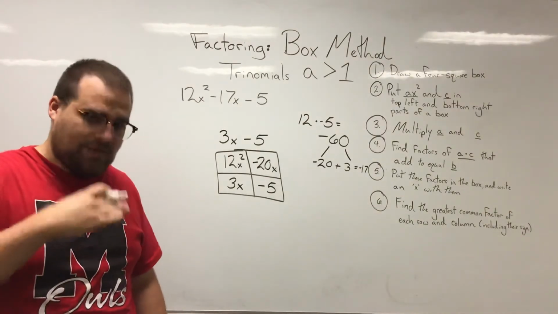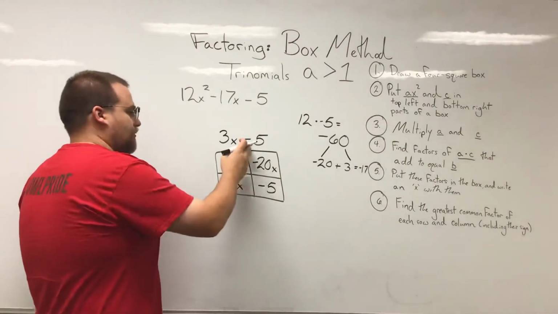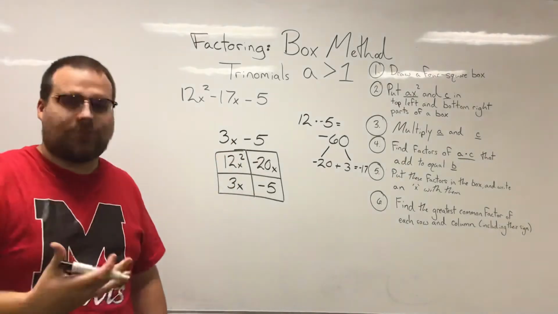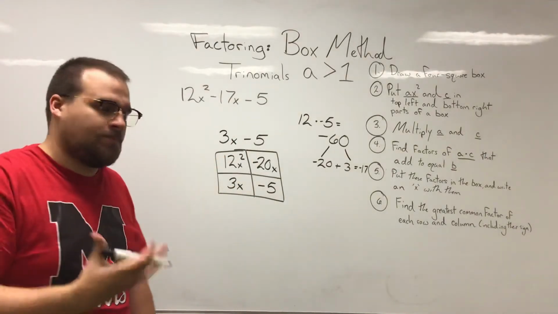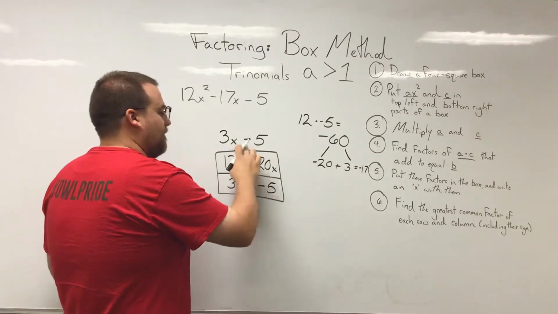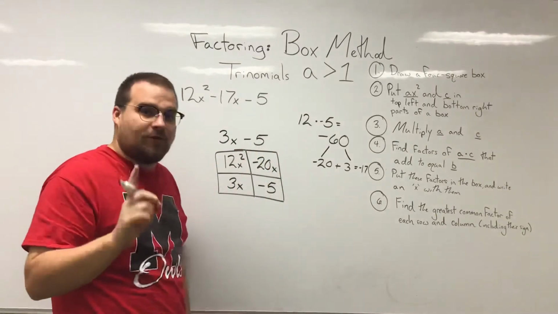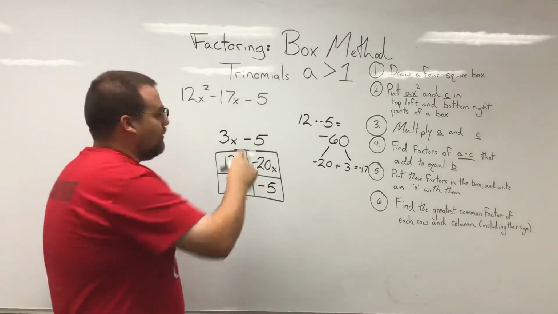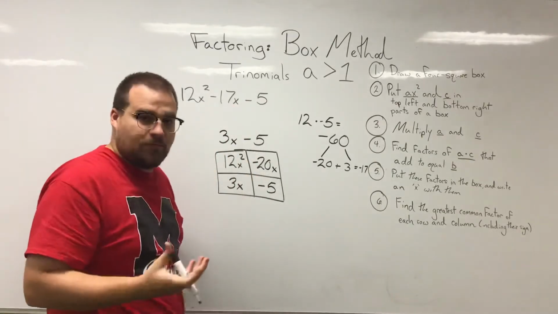If they are both negative, you factor out a negative sign with them because they have that in common. So this 3x minus 5 is going to be one of our binomial factors of this trinomial.